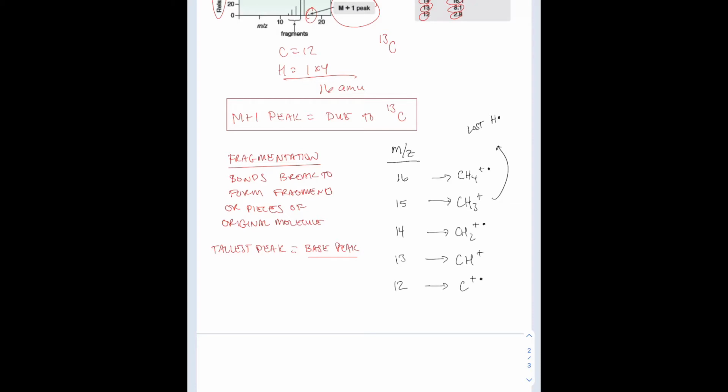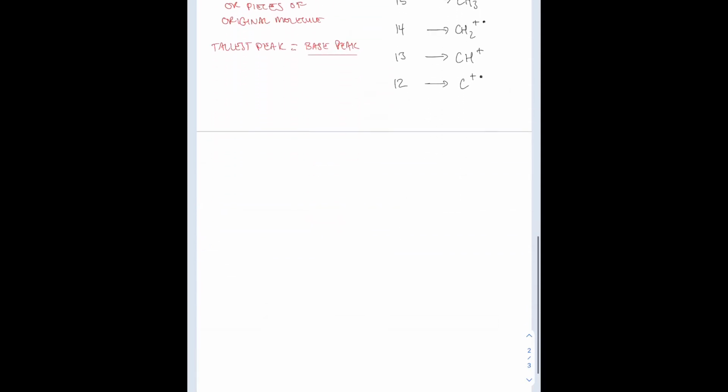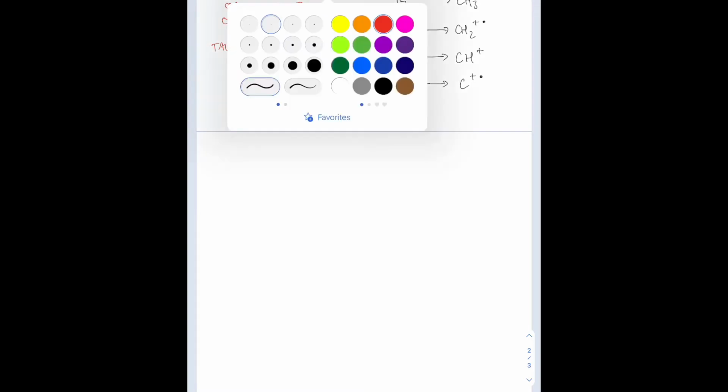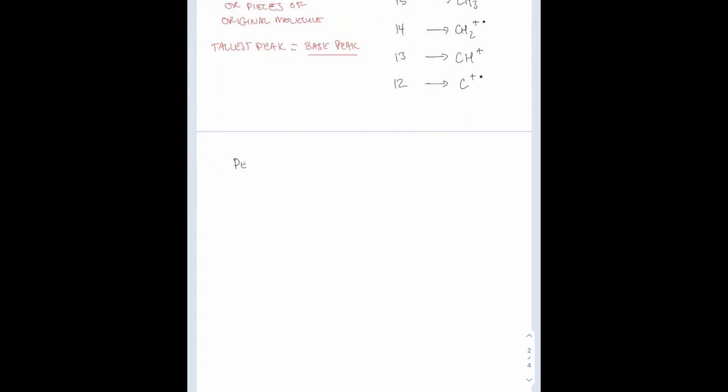One example would be, these aren't actually super close, but pentene versus, here, let me change that for you. Pentene versus pentyne. And I guess technically I should put a 1 in front of that. But what I mean is 1, 2, 3, 4, 5.